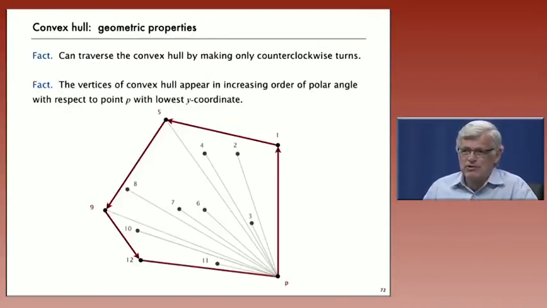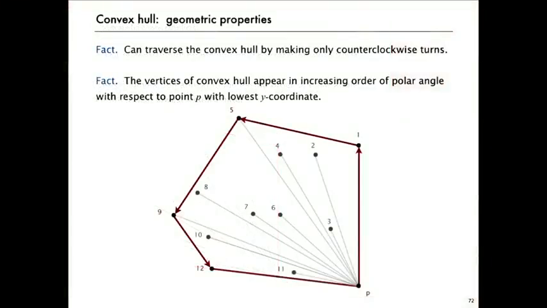So there's a lot of geometric properties of the convex hull that we can take advantage of to develop an algorithm. And here are two properties. Now, these are things that have to be proven, and we're not going to get into the details of geometric proof, but they're intuitive, and you'll certainly have no trouble accepting that these things are true.